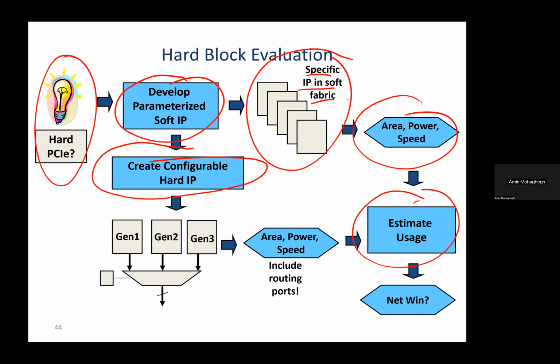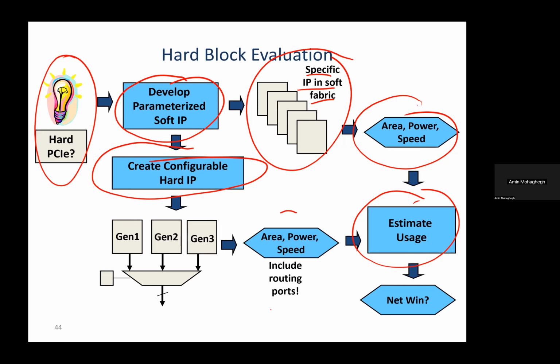Your hard IP has to do them all. So usually you wind up essentially taking the superset of everything that's used in the soft IP. You harden all of that. So for PCI Express, I might have the first 3 generations and a big mux choosing which one to use. And I might be able to get more clever, right? I might say, well, there's some commonality in these things, so I'll factor that out, and I don't need to make 3 copies. But you're going to get some bloat because of that.